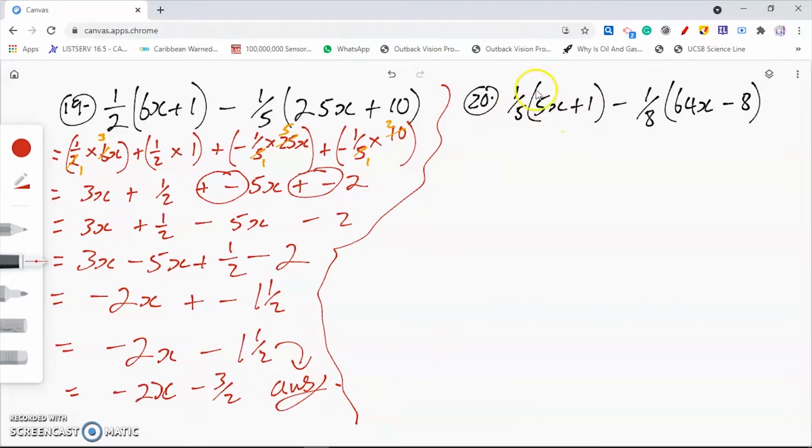Now, number 20, we have 1/5 open bracket 5x plus 1 minus 1/8 open bracket 64x minus 8.